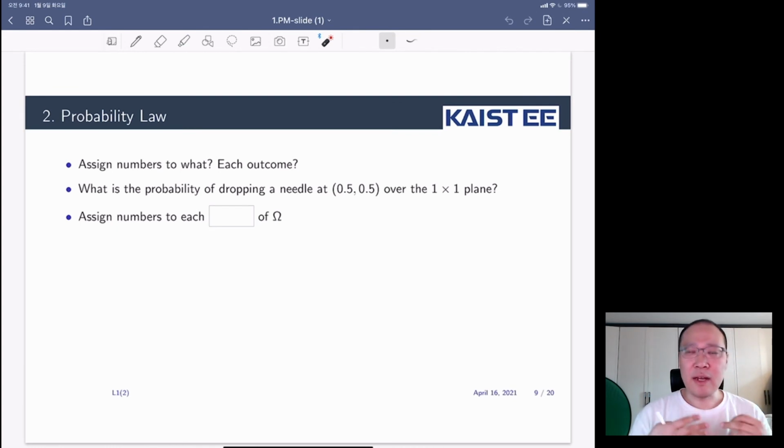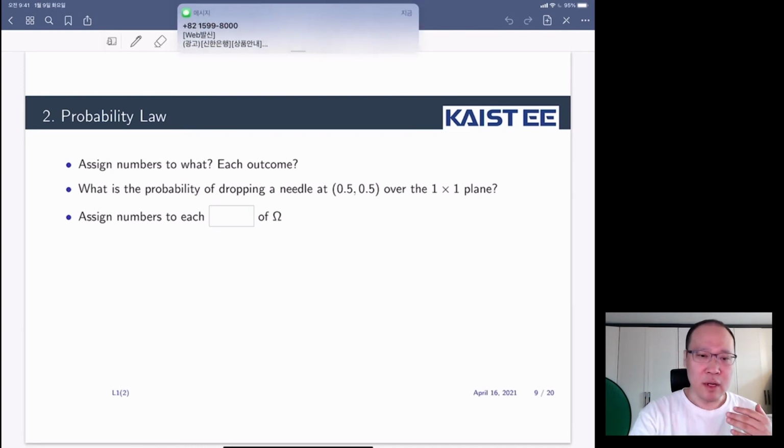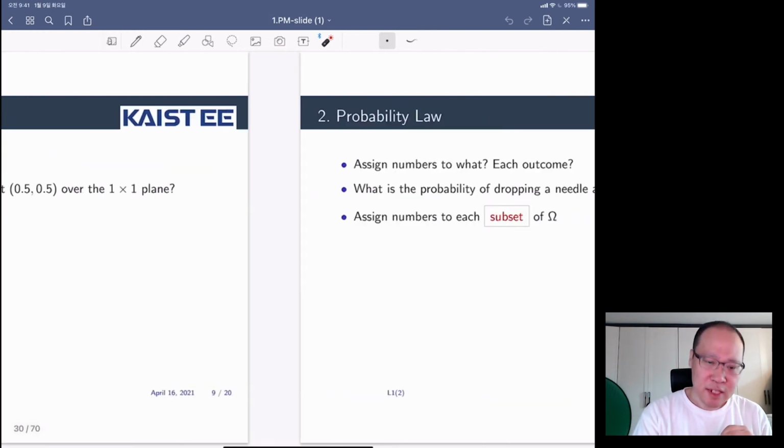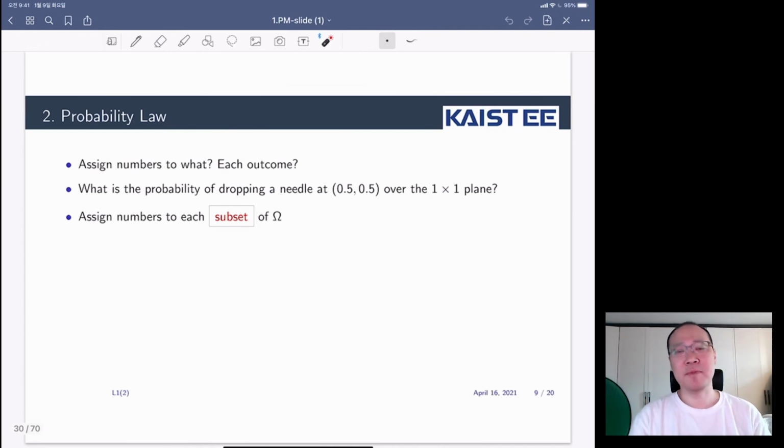So rather than assigning numbers to each outcome, in order to include a lot of general cases, we need to assign numbers to each subset of the sample space. And a subset of a sample space, we call an event.